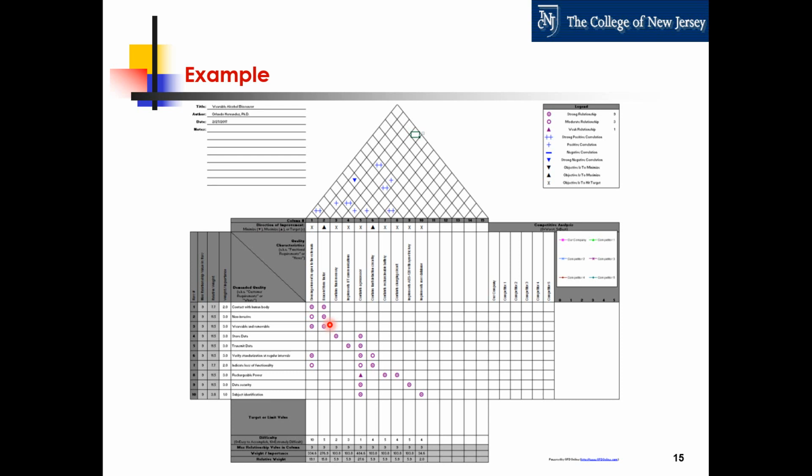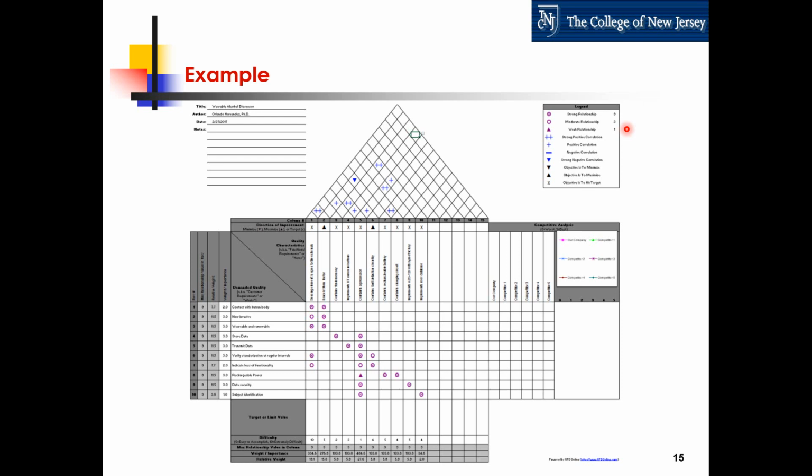Then let's look at this legend here, because it's not binary, okay? There are degrees. For example, there are degrees of strength of relationships. And we have strong relationships, moderate relationships, and weak relationships. So we can also specify the level of strength of a relationship between a response and a need.